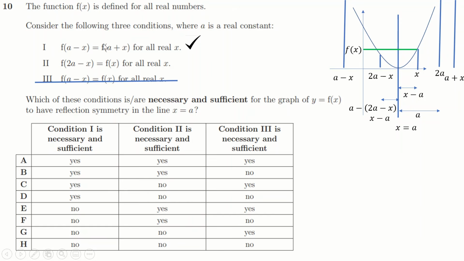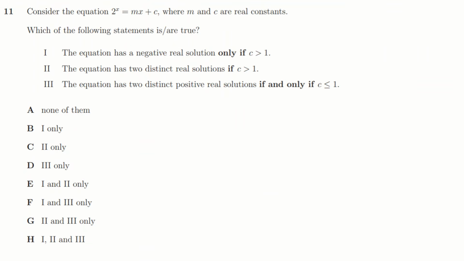So if you have the same distance going across either side, it makes the same function. You've got the same distance between the line of symmetry and this as you do this. It's both distance x minus a, which means this is also true. And our answer is yes, yes, no. Quite a difficult question. I think it's the most difficult question on the paper, to me at least. Maybe not to you.